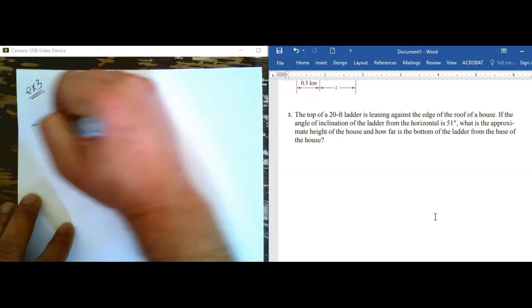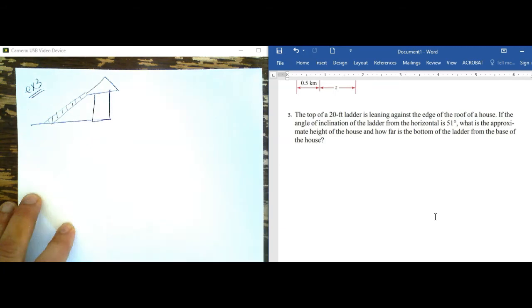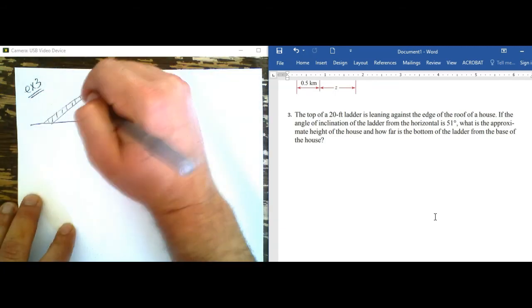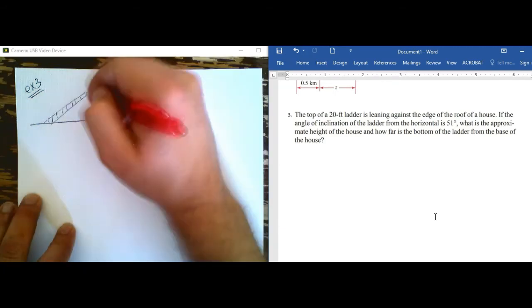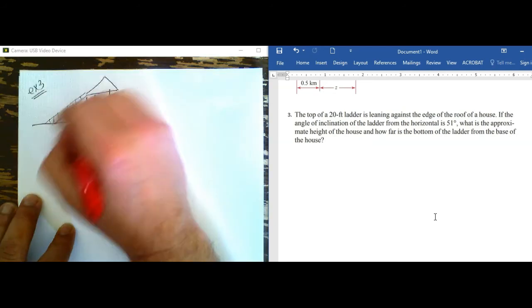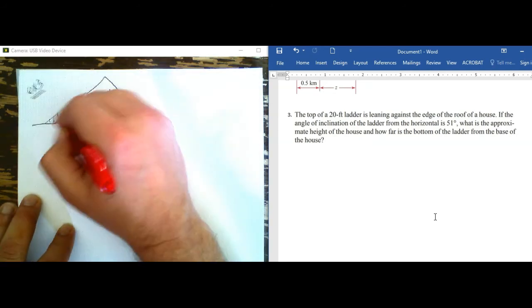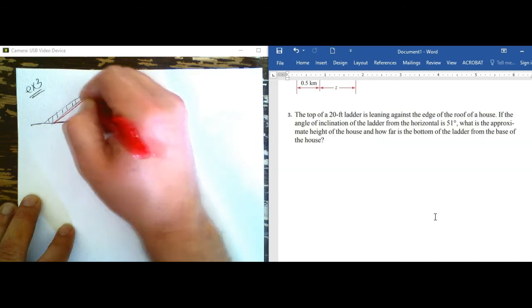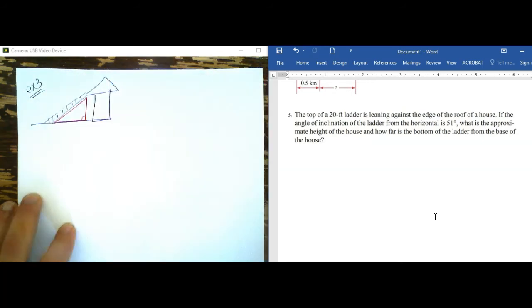It's on the ground here, right? So what we're trying to do is figure out this distance here. So we have this right triangle being made by the ladder, the horizontal, and the height of the house.